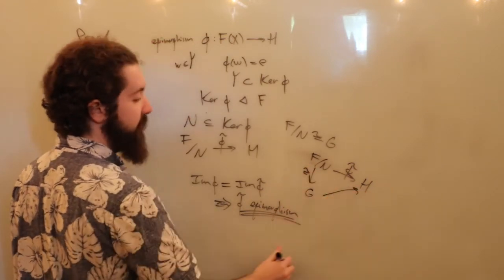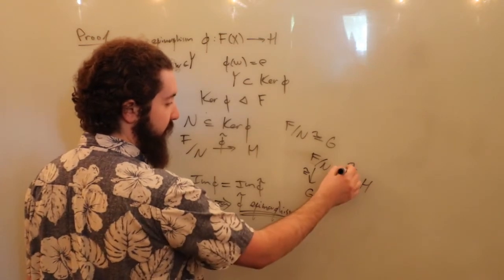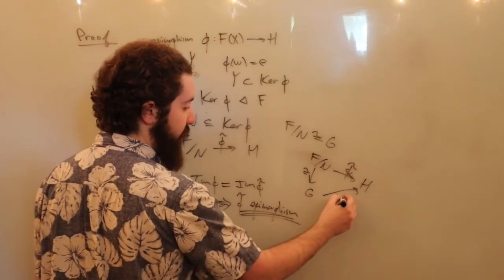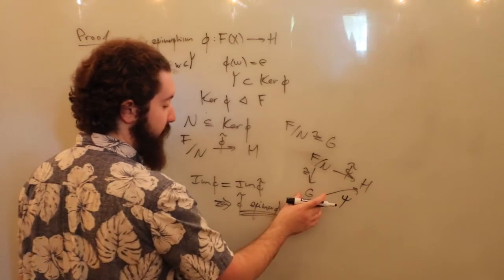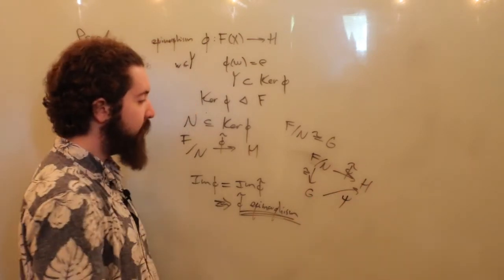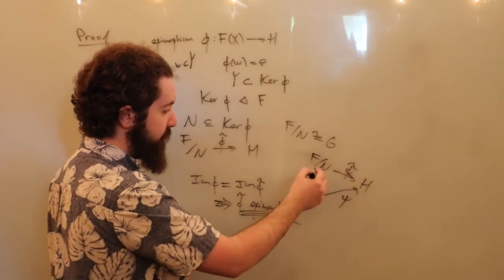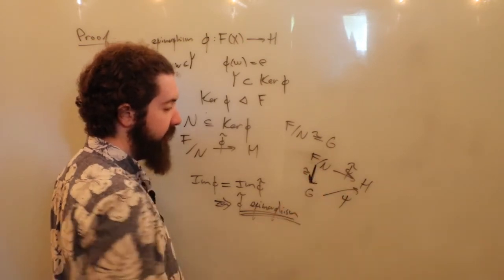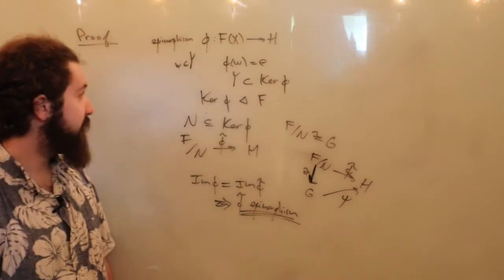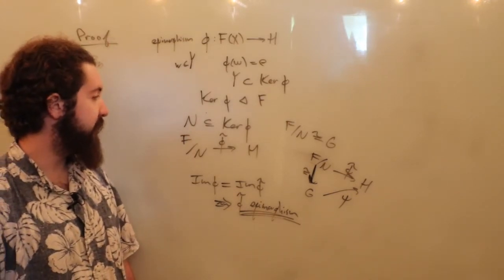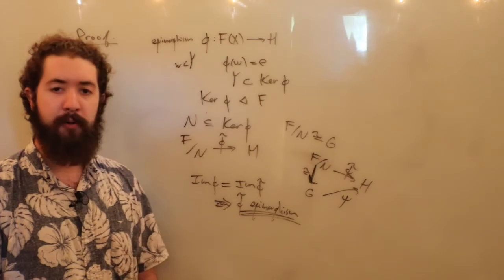There's going to be another induced map, equivalent to phi tilde, which we can call psi, an epimorphism from G to H, where you simply define psi via this isomorphism. It's straightforward. So we have an epimorphism from G to H, and that is exactly what we were looking for.